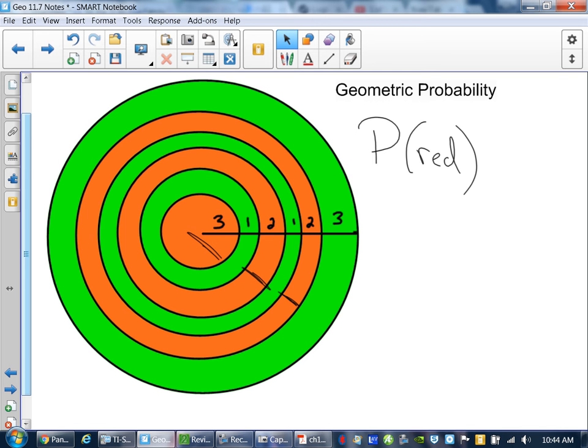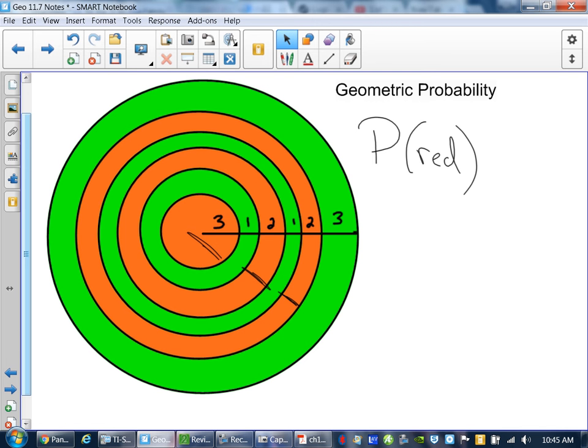They're all circles. The radii are 3, 4, 6, 7, 9, 12. The farthest one has a radius of 9, and then I have to subtract this chunk, which is 7 squared. I'm trying to find my favorable region, the red.